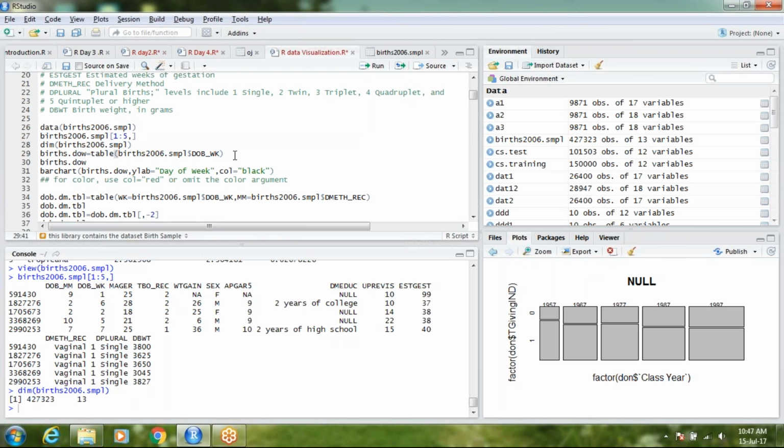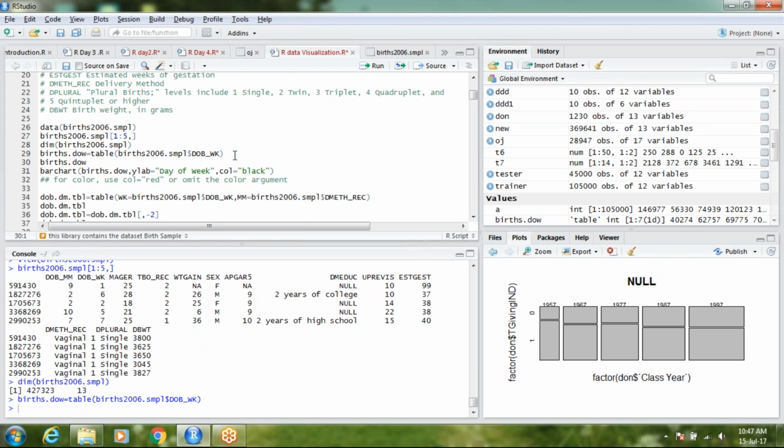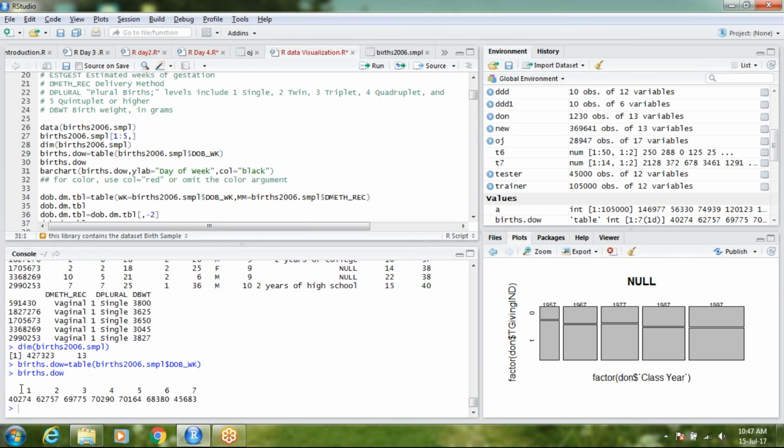Okay. So it will be a week wise distribution of total births, and the count of births that happened on a particular week. On the first week, this many births, first day of the week, this many, second this.